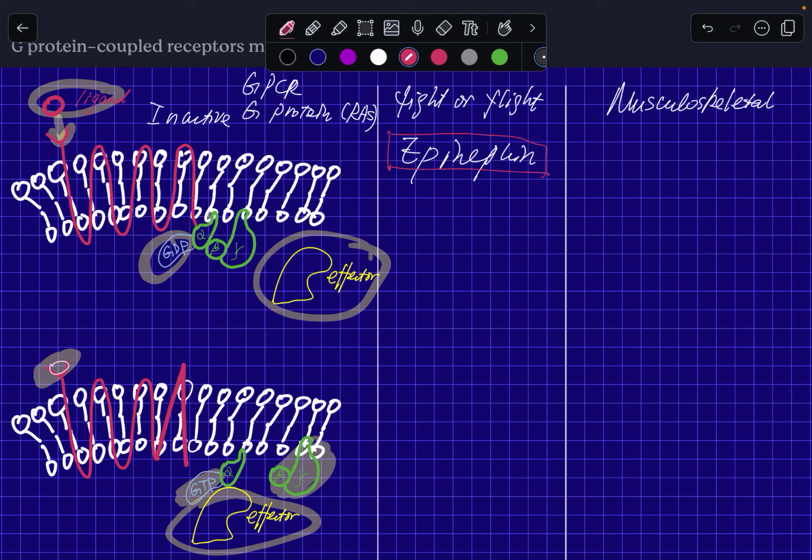Once it binds to the GPCR, once again the GPCR undergoes a conformational change, and that eventually activates the alpha subunit of the G protein, which then binds to the effector enzyme. The effector enzyme that gets bound is called adenylate cyclase.